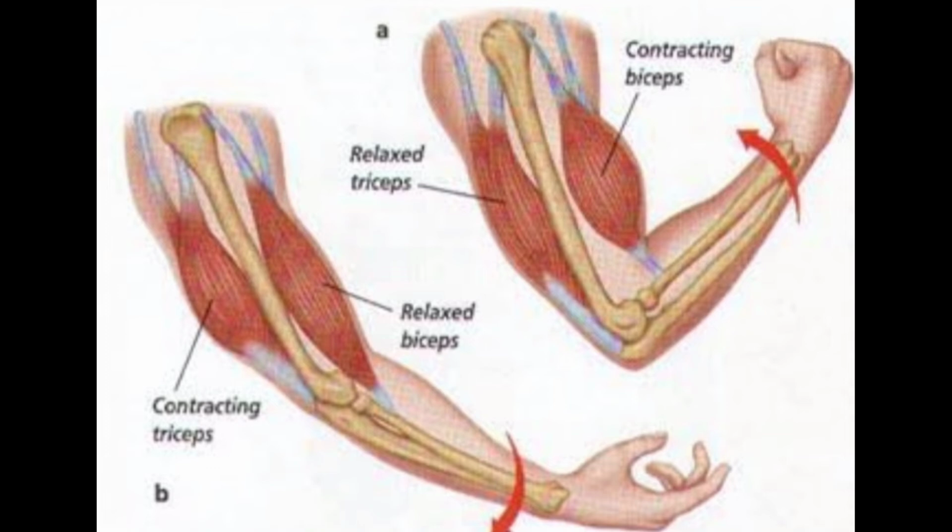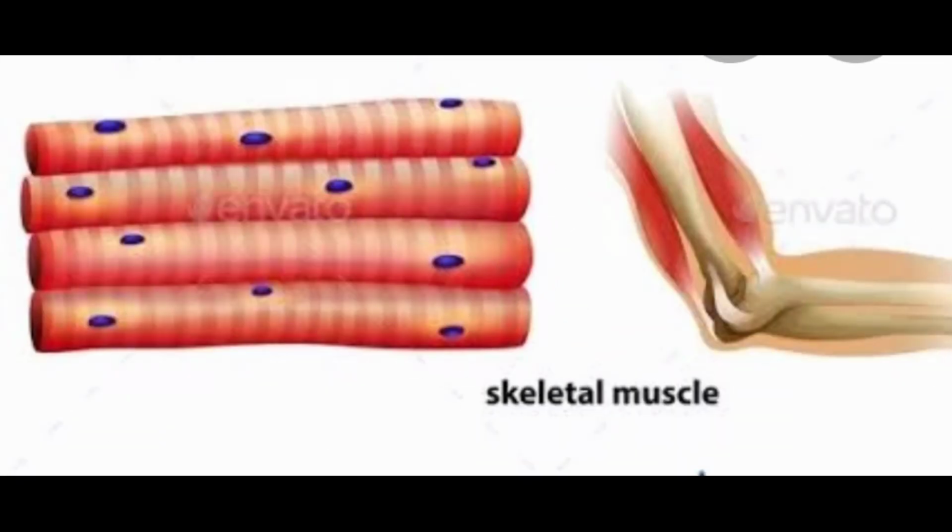Muscles present in our limbs move when we want them to and stop when we decide. Such muscles are called voluntary muscles, meaning we can move them, we can stop them, we can do as per our will. So these are called voluntary muscles. The cells of these tissues are long, cylindrical, unbranched, and multinucleate, meaning having many nuclei.